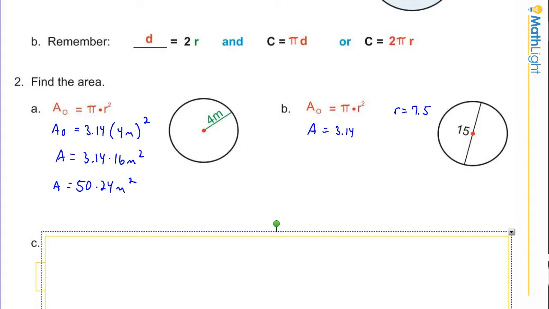3.14, or your pi button, times 7.5 squared. We can do all this right in our calculator. 7.5 squared, and then multiply it times 3.14. So 7.5 squared is 56.25 times 3.14, and I got 176.625.